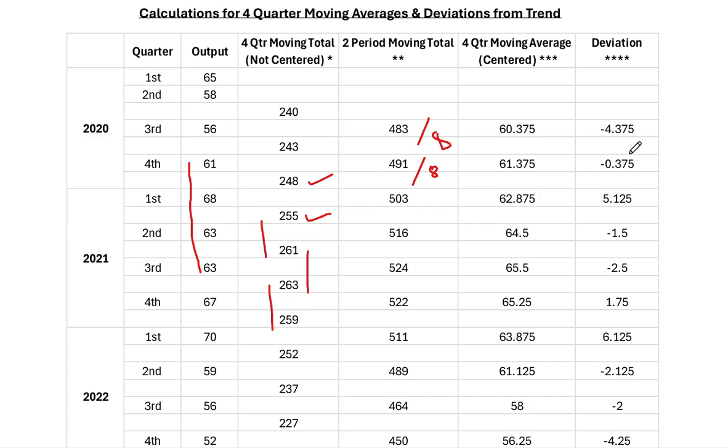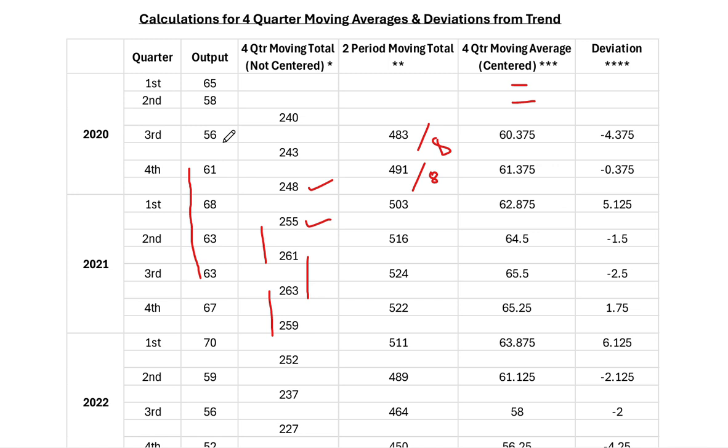In final box, we will calculate deviation from the past data. This is the new data, new output details, and these are the initial output details. So in first case, output is 65 and 4-year moving total is 0, so no deviations. Second may be no deviation. In third quarter, earlier output is 56 and revised output is 60.375.